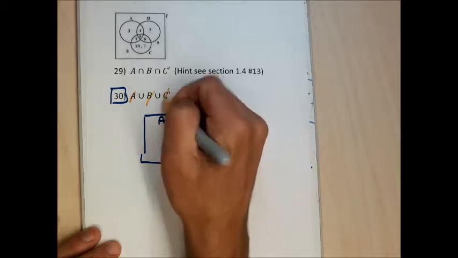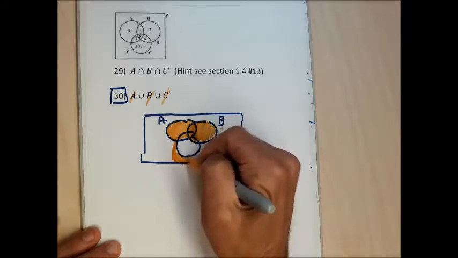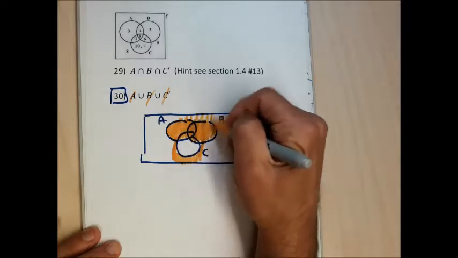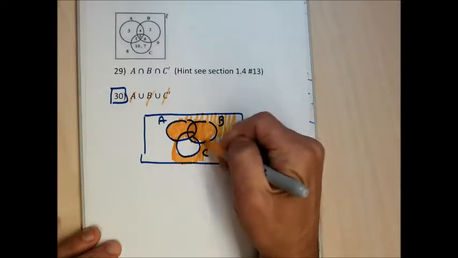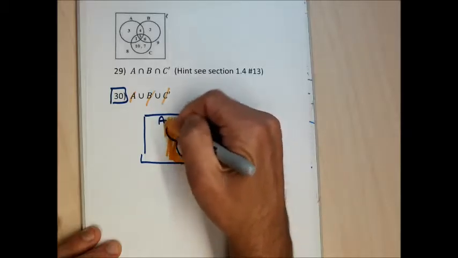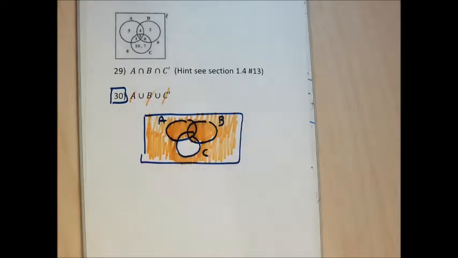Then I'm going to do C complement, shade everything outside the C circle, even some of the stuff that I already have shaded. So that's actually a picture of A union B union C complement.